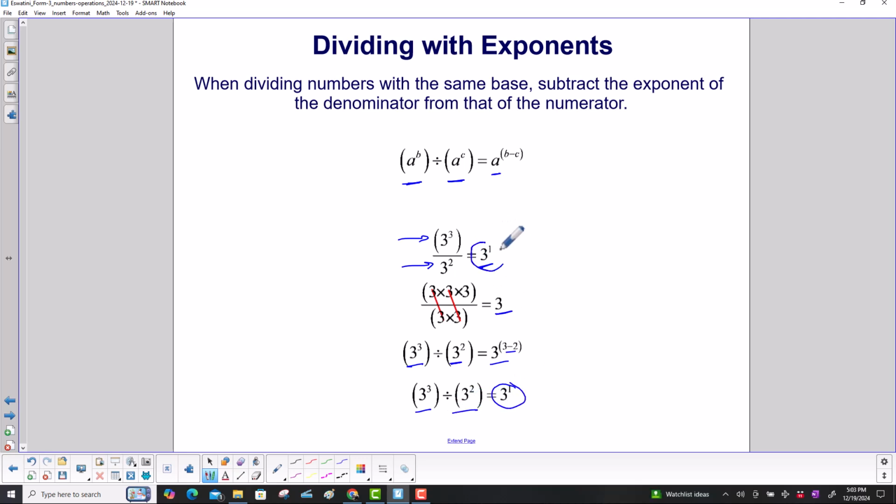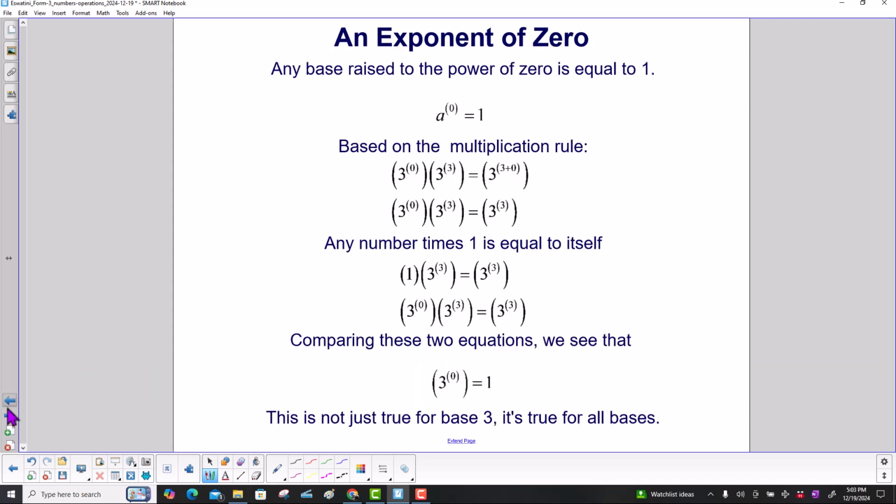So that checks out. Any base raised to the power of 0 is equal to 1. So a to the 0 is equal to 1. Based on the multiplication rule, let's multiply 3 to the 0 times 3 cubed. That gives us 3 to the 3 plus 0, and 3 plus 0, of course, is just 3.